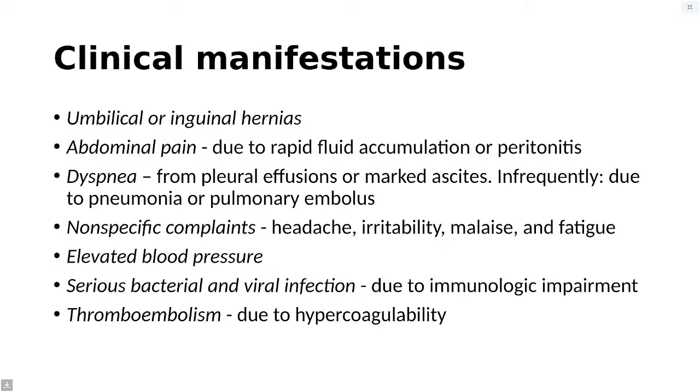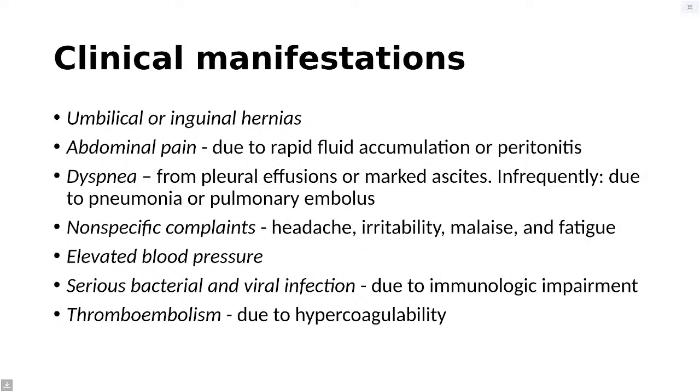We can see umbilical or inguinal hernias, abdominal pain due to rapid fluid accumulation or peritonitis, dyspnea. This results from pleural effusions or marked ascites.